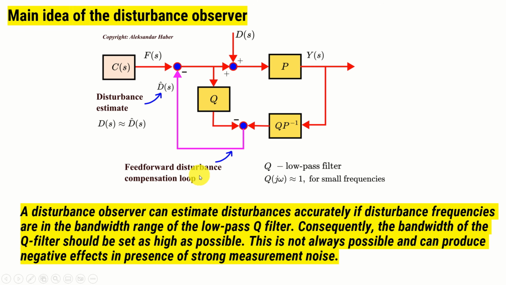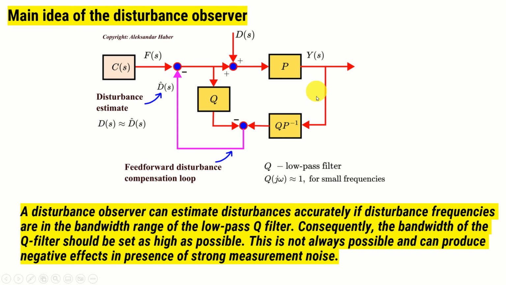In fact, a disturbance observer can estimate disturbances accurately if disturbance frequencies are in the bandwidth range of the low-pass Q filter. That is, not only for small frequency, but if disturbances are in the bandwidth of our Q filter. Consequently, the bandwidth of the Q filter should be set as high as possible.